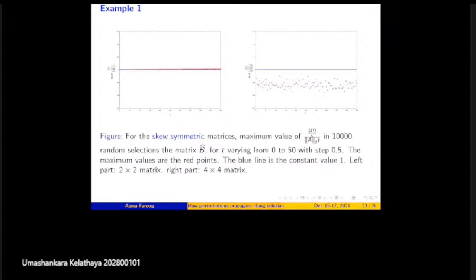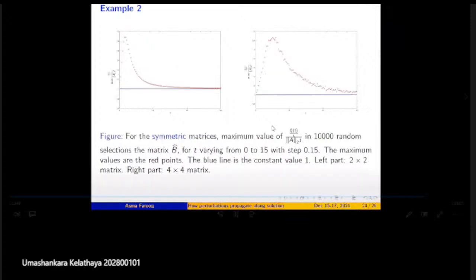And we plotted the maximum of this quantity in 10,000 random selections of the matrix B. Here, these red points are the maximum of this quantity, and we can observe that this maximum is very close to 1, which is consistent with theorem 2, which was about the skew symmetric matrices.